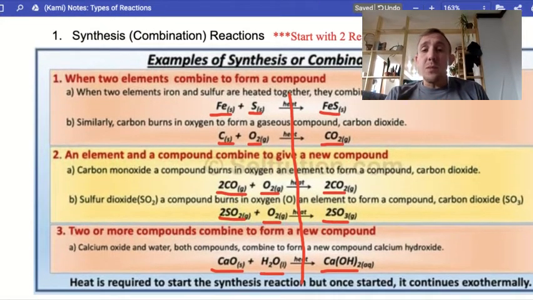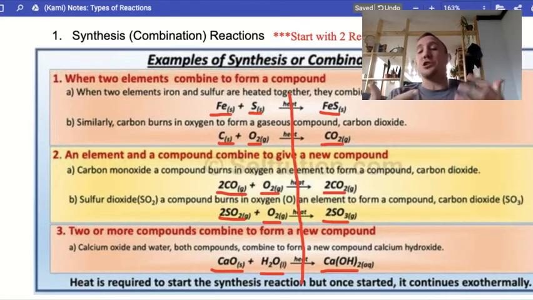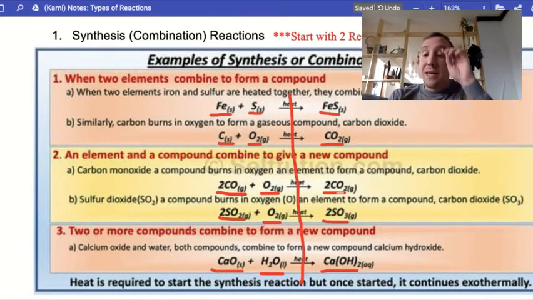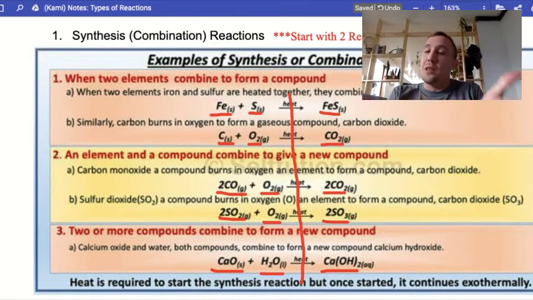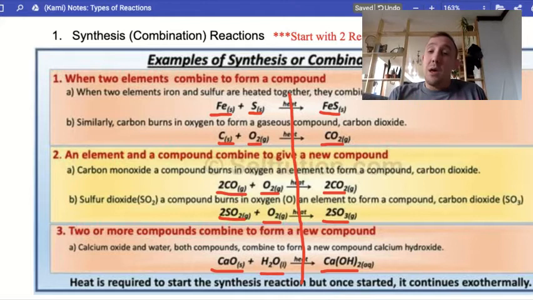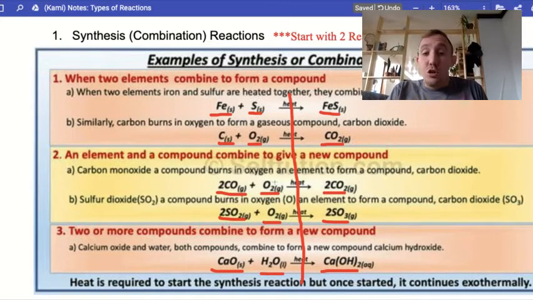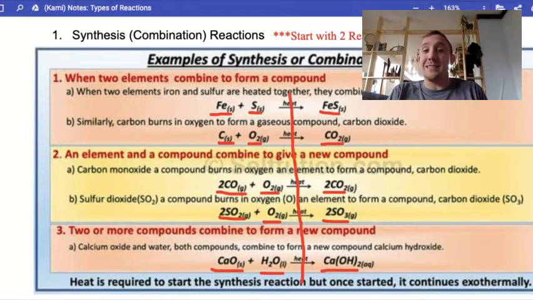And so you're never going to have to actually give me what it actually makes. It'll always be written out for you like you see. You may have to balance it. That's it. But you should be able to identify it's synthesis by having two reactants, and after the arrow, you have one product. That is what tells it's synthesis.